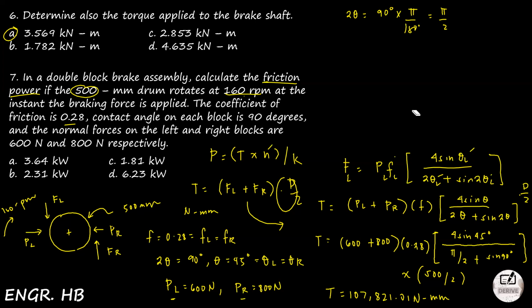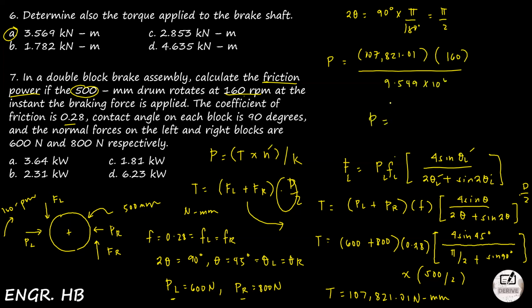Sure. And so we have a torque here, and we all know that in order to acquire power in kilowatts, our torque should be in Newton mm. So that was 107,821.01 Newton mm, and our speed should be in RPM. So that was 160 divided by constants, which is 9.549 times 10 raised to 6.